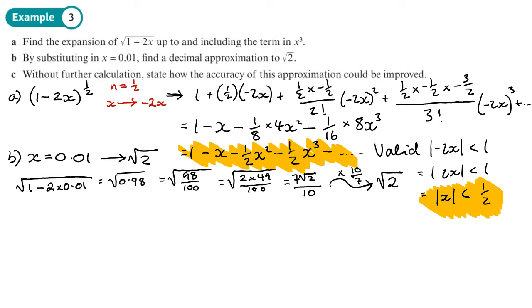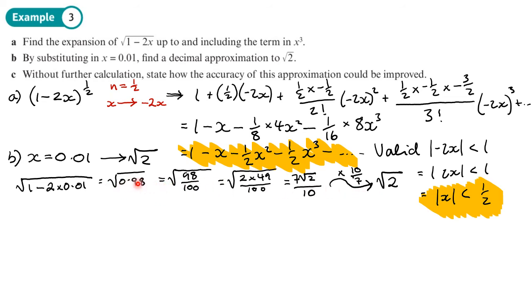So I'll just run through that again quickly because this bit can be a bit tricky. The question said substituting this value into the expansion, which we're going to do in a minute, to estimate the square root of 2. If I actually substitute that value into that expansion, it will give me the square root of 0.98. And I want to use the square root of 0.98 to find the square root of 2 because I just put in the 0.01 here. Now if I write that as 98 over 100, this next bit may not be obvious straight away.